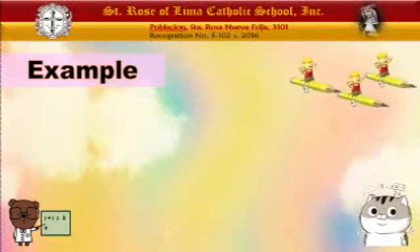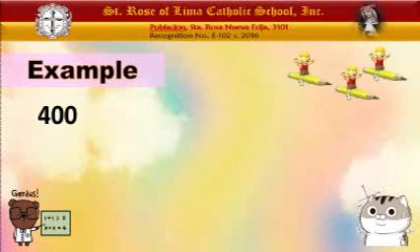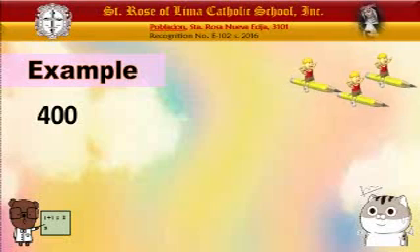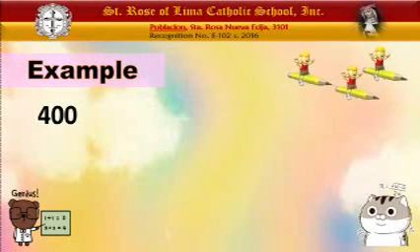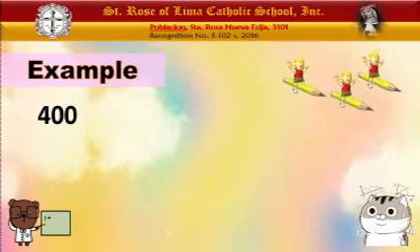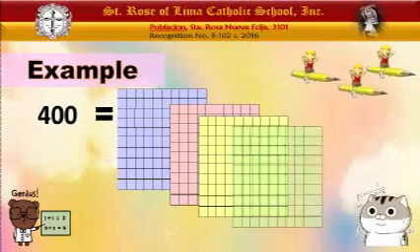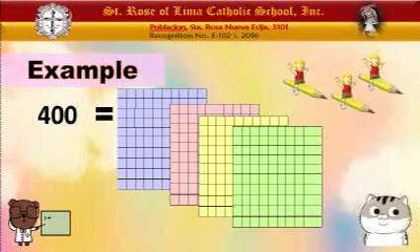So here's an example. We have here 400. How many flats do we need to represent 400? So we need 1, 2, 3, 4. So 4 flats to represent 400.